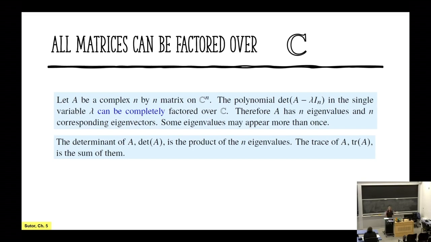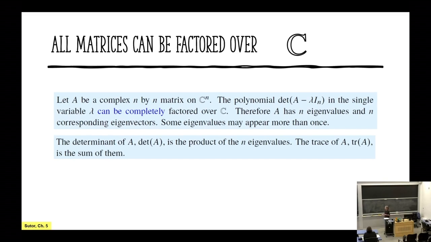But we can let A be some complex n by n matrix in the complex plane. Then the polynomial defined by the determinant of A minus lambda times the identity matrix, in the single variable lambda, can always be factored completely over the complex plane. And so A has n eigenvalues and n corresponding eigenvectors.